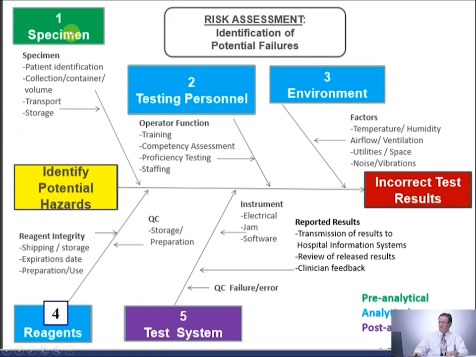As you can see, we are assessing the 5 things: specimen, testing personnel, environment, reagent, and test system, to find any potential failure of any of these items under each one of these components, to eliminate, reduce, or prevent it from happening again.